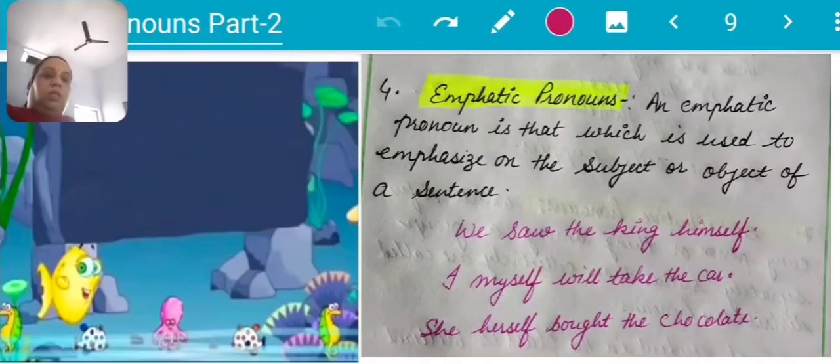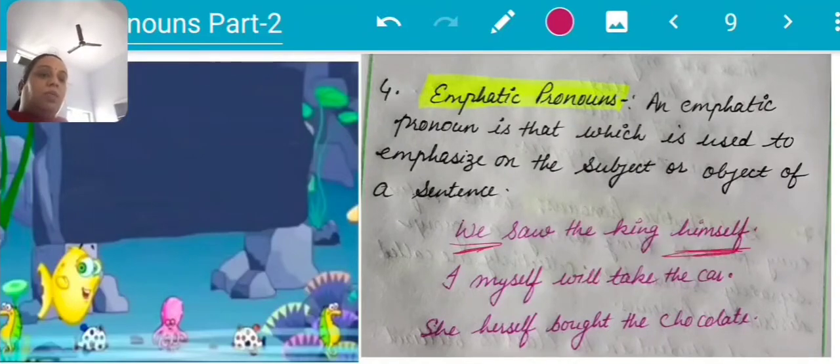Let's see the first sentence. "We saw the king himself." If we remove himself from here, the sentence still has its meaning. Clear? And here one more thing you will notice, that this we is different and himself is different.